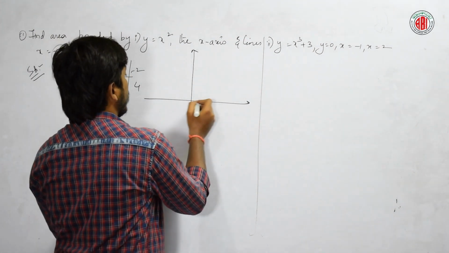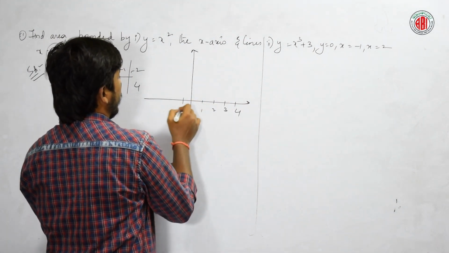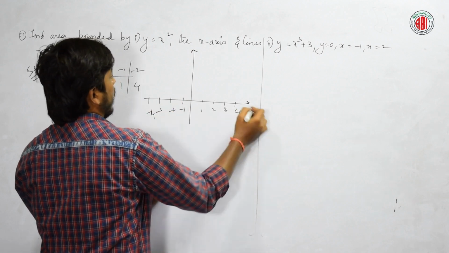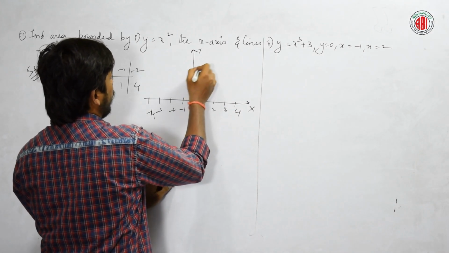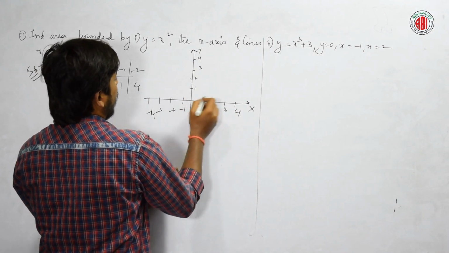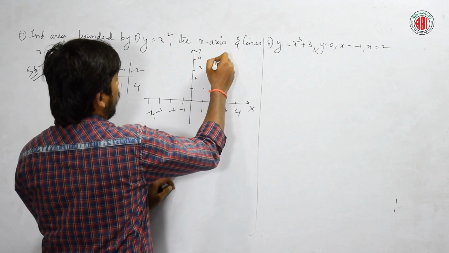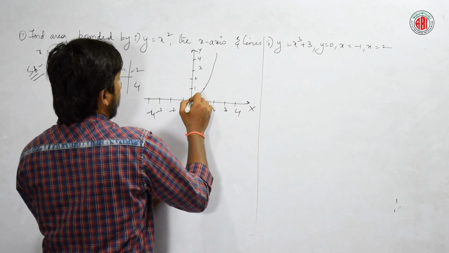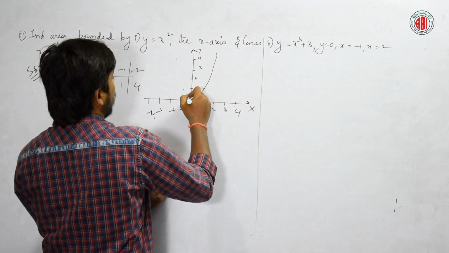So let me mark 1, 2, 3, 4, minus 1, minus 2, minus 3, minus 4 on the x and y axes. Now if I observe 0, 1, 2, 4, so here minus 1 and here it is 2, 4.